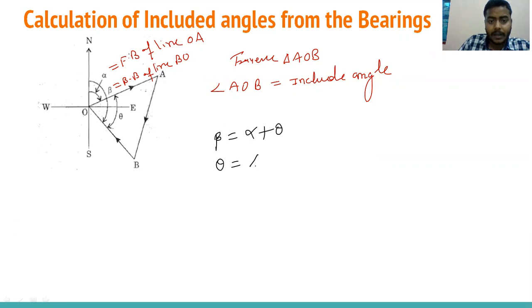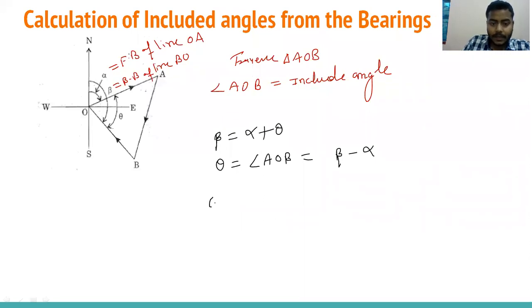What is the theta here? Angle AOB. Am I right? Now we can write beta minus alpha. What is the beta here? Beta is the back bearing of line BO.